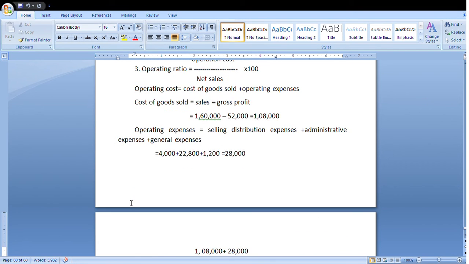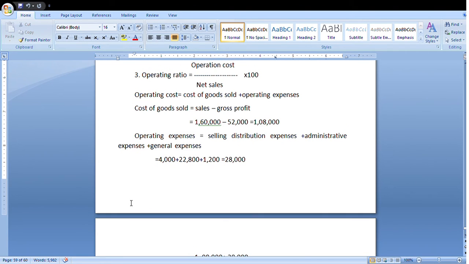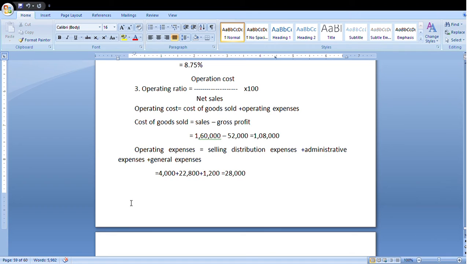Next one is operating ratio. Operating ratio formula: operating cost by net sales into 100. Operating cost is equal to cost of goods sold plus operating expenses.